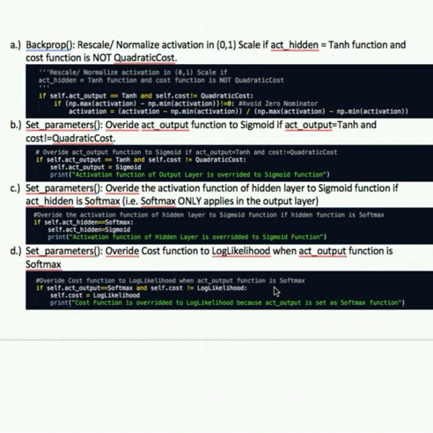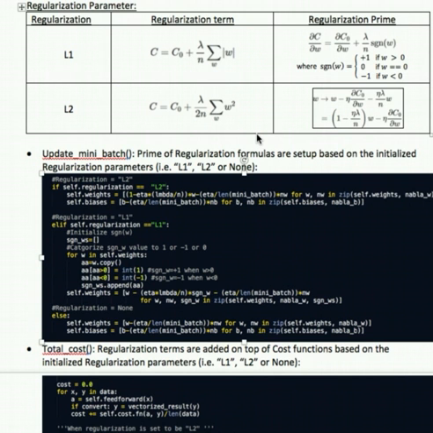Now let's take a look at the regularization parameter settings. There are two types of regularization, L1 and L2. This is the regularization term and this is the regularization prime term. In the update mini batch function, we implement the prime of the regularization terms to adjust the weights and the bias for every mini batch.